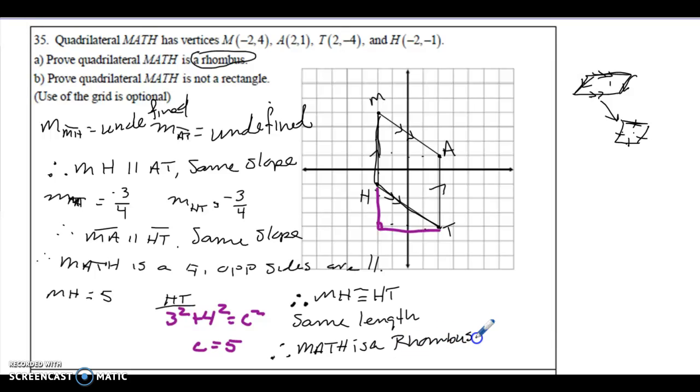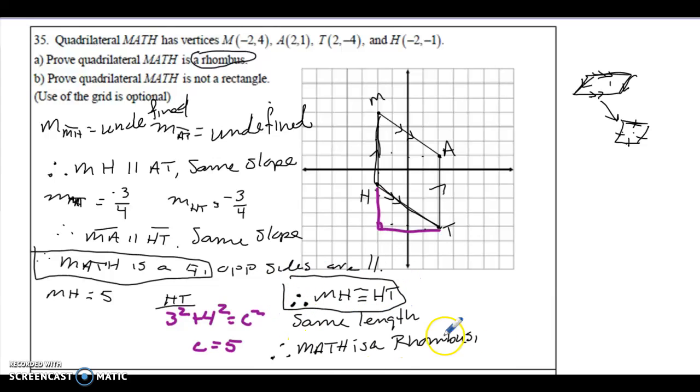That's what we know. Now we have to say why we know it. So we know it because it is a parallelogram, which we already said up here. It's a parallelogram with consecutive sides that are congruent. Here's our consecutive sides that are congruent.